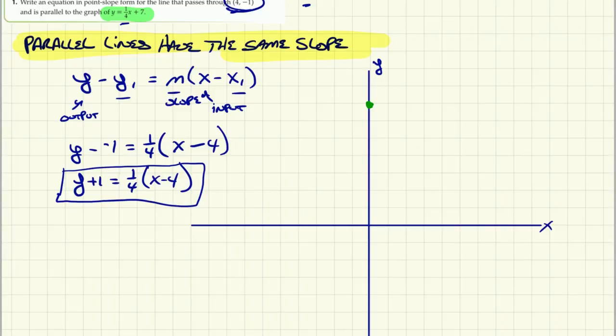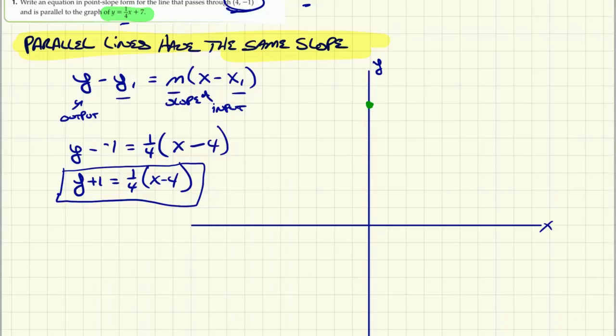Then we're going to have a slope of 1/4, which means that we go up and to the right or down and to the right. The rise is the positive or negative value on top. We move our next point up or down, and then we always run to the right. At least we're consistent.